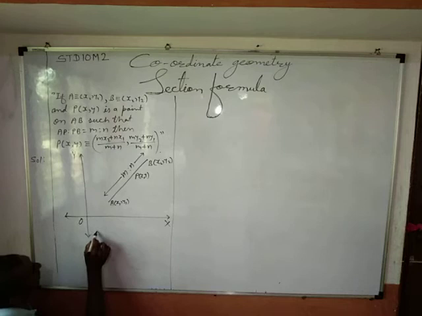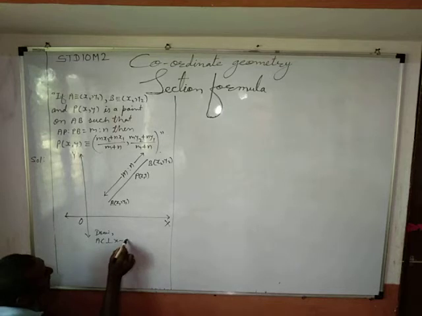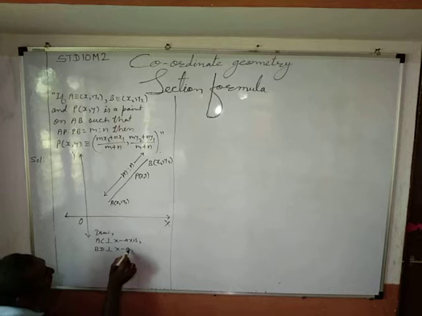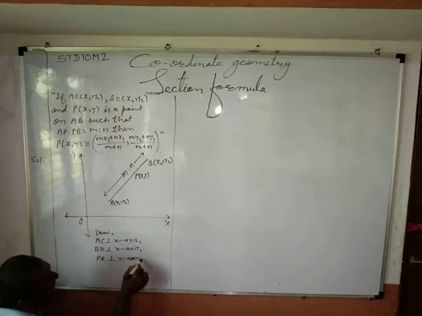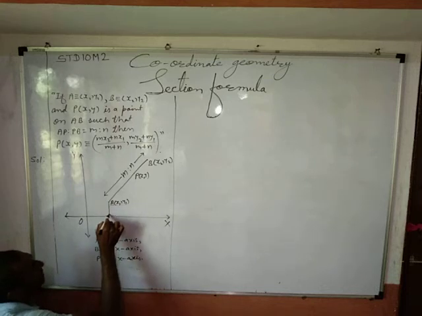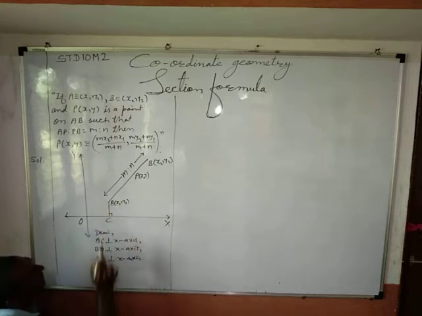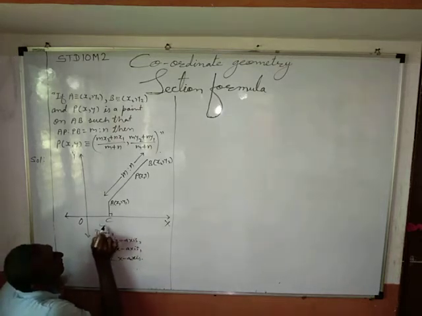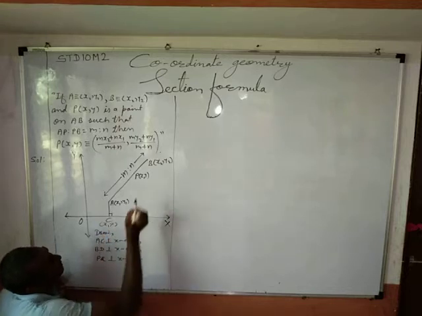Okay. Draw AC perpendicular to x-axis, BD perpendicular to x-axis, PQ perpendicular to x-axis. And therefore, if we draw AC perpendicular to x-axis, C is a foot of perpendicular on x-axis, therefore its coordinates will be (x1, 0).